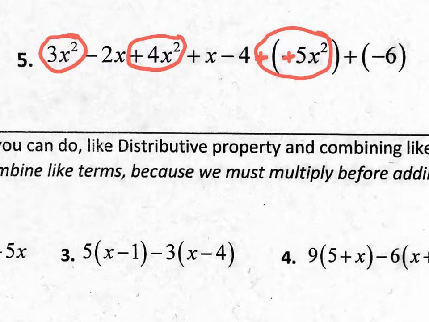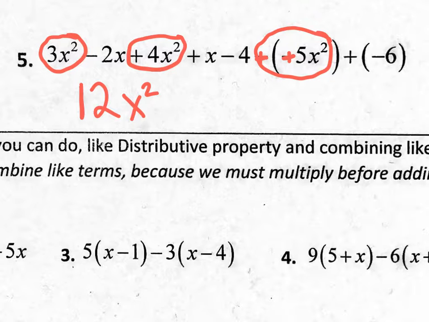We could call them apples or whatever you want to call them, but we need to combine them, right? So I have 3 of them here and another 4 here. So $3 plus $4, or 3 apples plus 4 apples, that's 7 apples, plus 5 more apples. 7 plus 5 is 12. So I have a total of 12 apples, but of course we're not talking about apples, we're talking about the x squared terms right there. So we combined all the x squares.